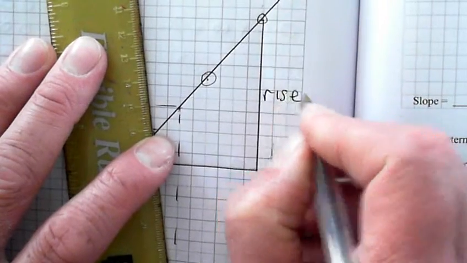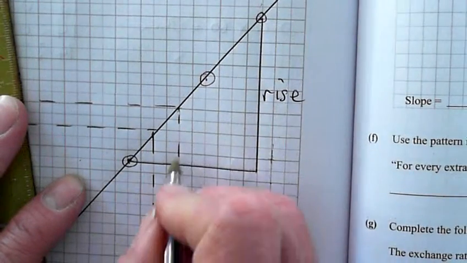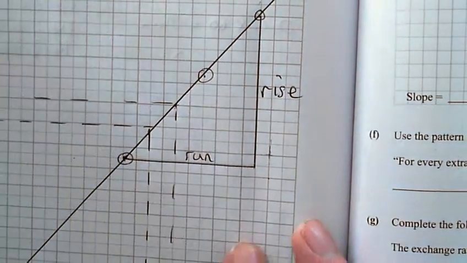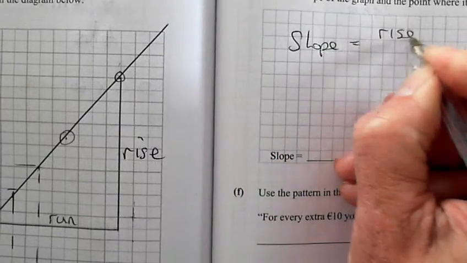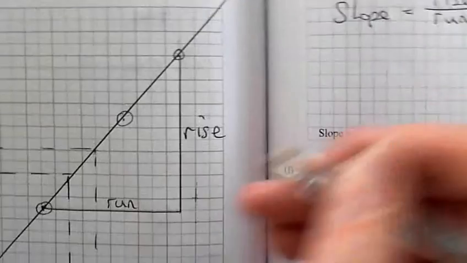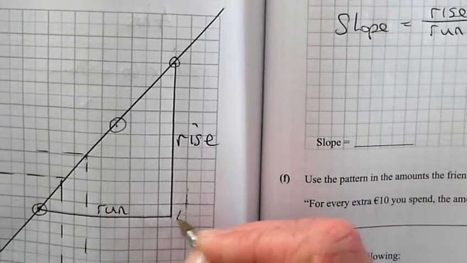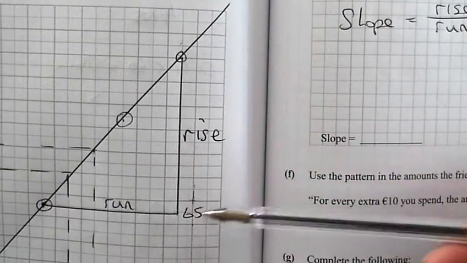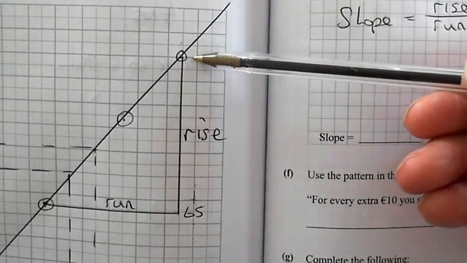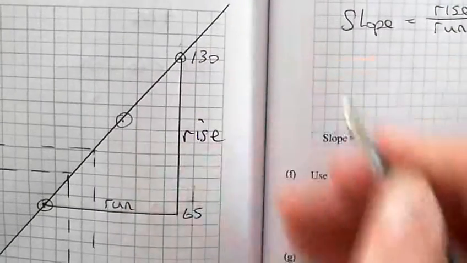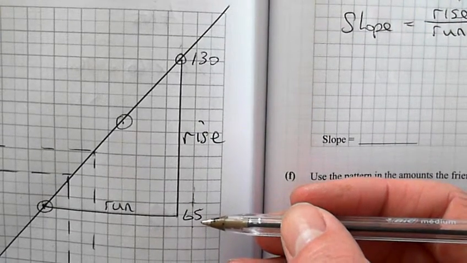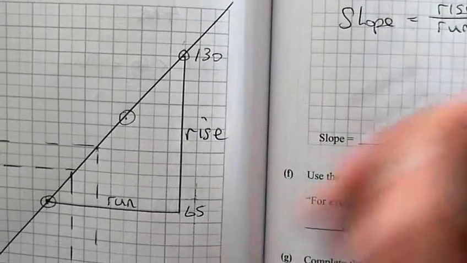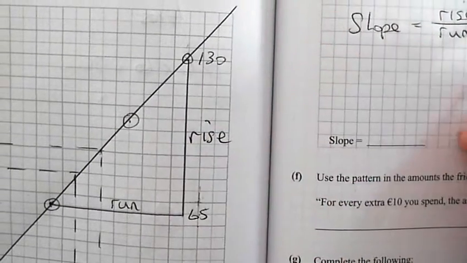This is called the rise, the height there, and this is called the run. Slope is equal to rise divided by run. That rise starts at 65 and goes up as far as 130. So what's the difference? 130 minus 65, which is 65. So my rise is 65.